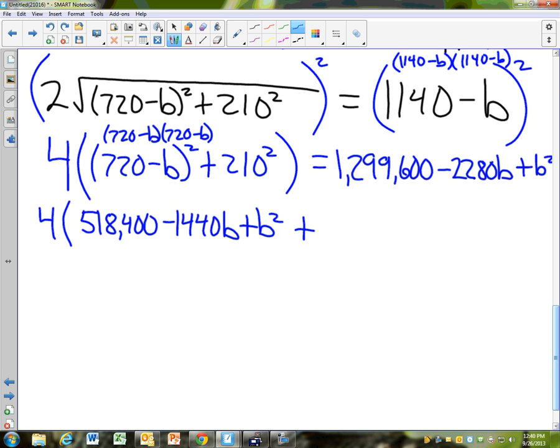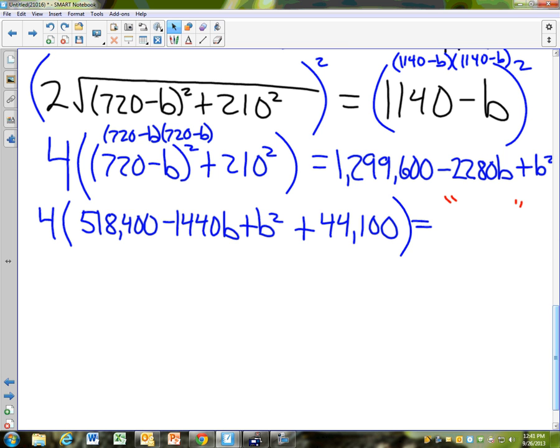Plus, what's 210 squared? How about this? We just got that same thing up above.